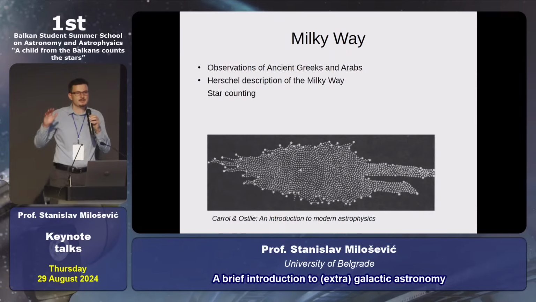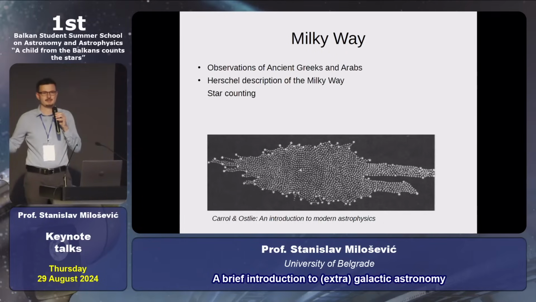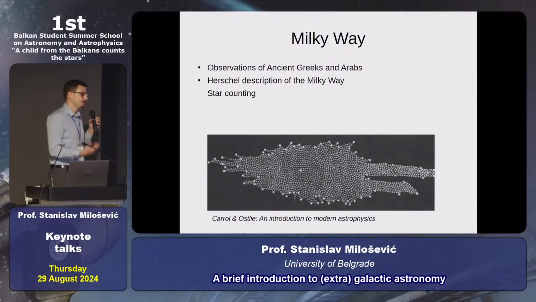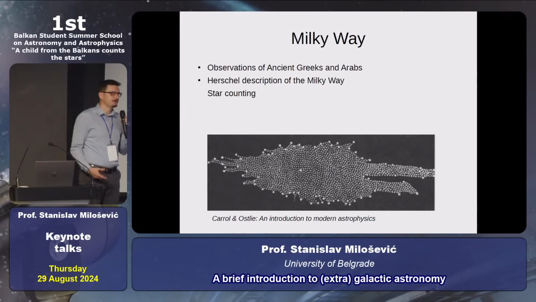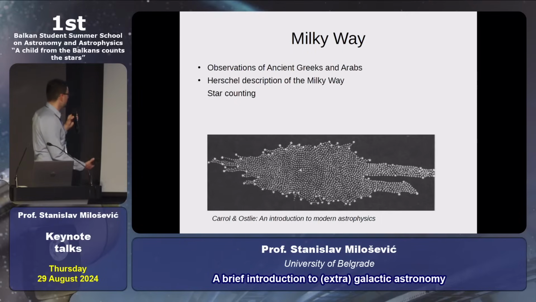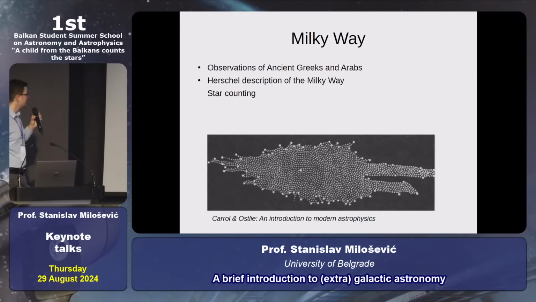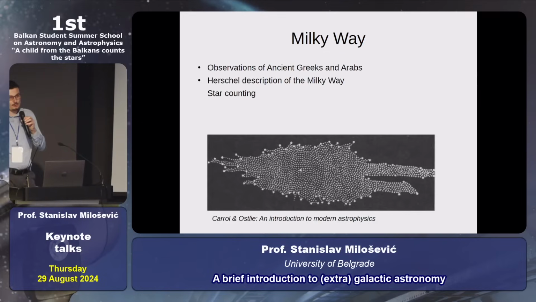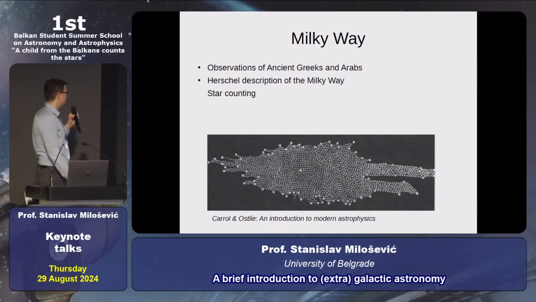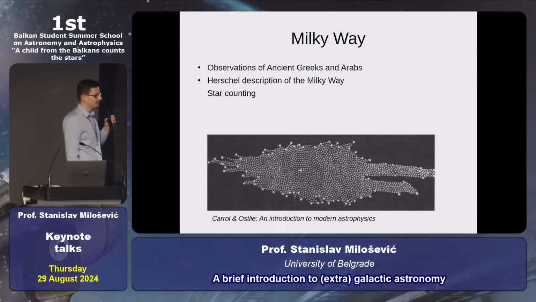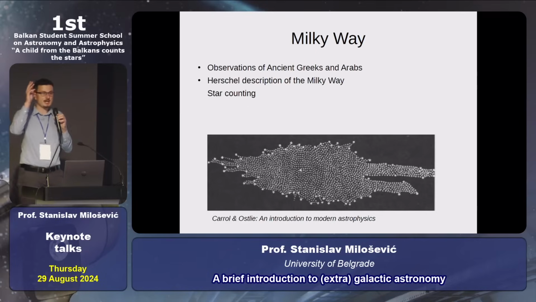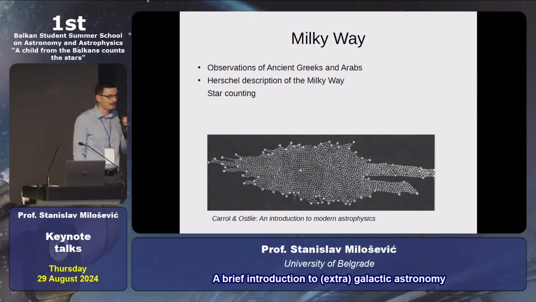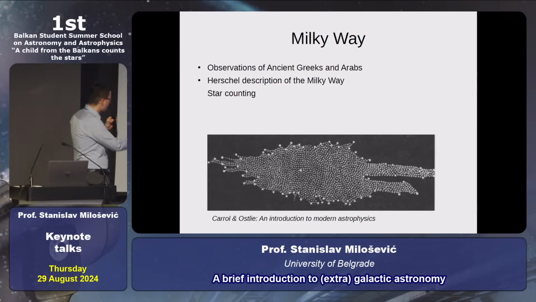Of course, we had some religious descriptions previously, but this is the map that Herschel drew, and he drew it by star counting. He was counting stars in different areas of the sky, and constructed this map.